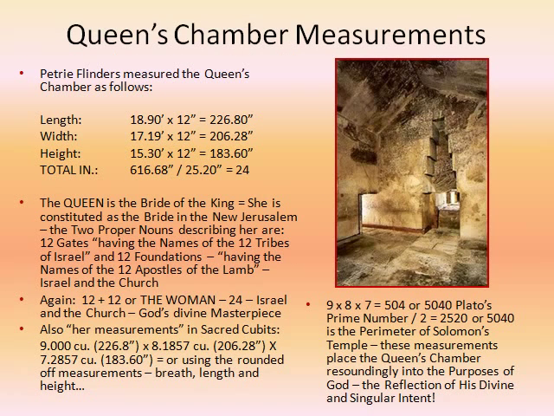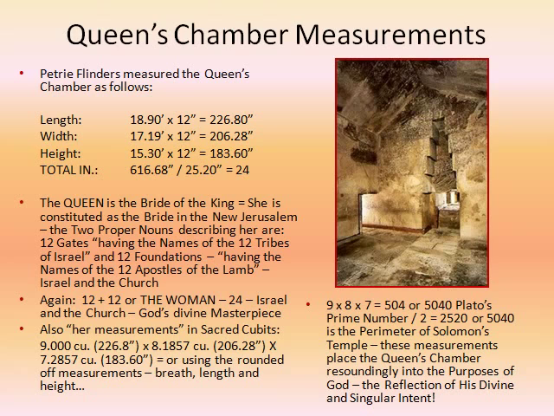The Queen's Chamber measurements. Petrie Flinders measured the Queen's Chamber as follows. Its length was 18.90 feet by 12 inches is equal to 226.80 inches. Its width was 17.19 feet, of course, times 12 inches will equal 206.28 inches.